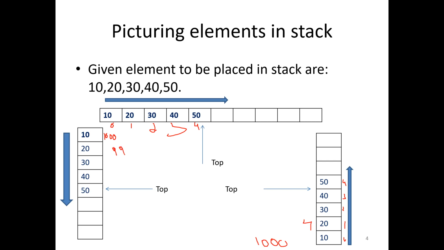Why 996? Because the stack grows in decreasing order, from higher address to the lower address. 1000, 996, 992, like that it goes. This is another type of representation.